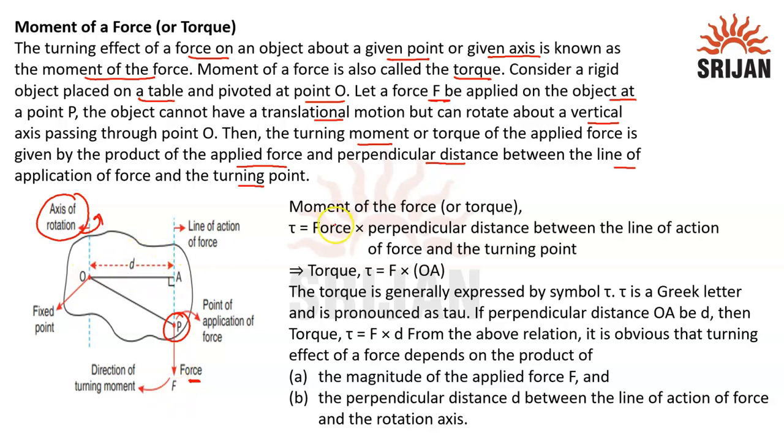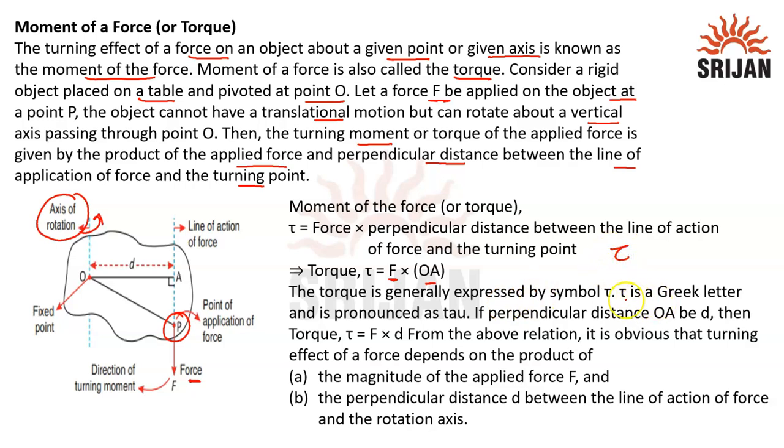From here we can derive the formula that moment of the force or torque is force times the perpendicular distance between the line of action of force and the turning point, that is F into OA. OA is the distance which is d. Now this torque is generally represented by the symbol tau.